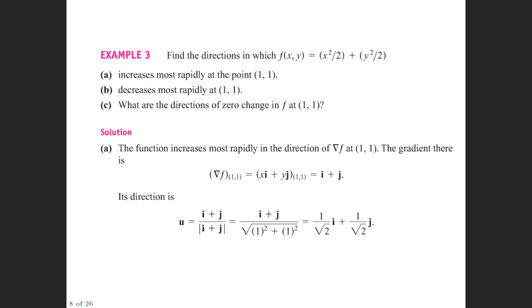And part C, what are the directions of zero change of f? That's going to be when the angle between our unit vector u and the gradient vector is 90 degrees. So let's answer these 3 questions.